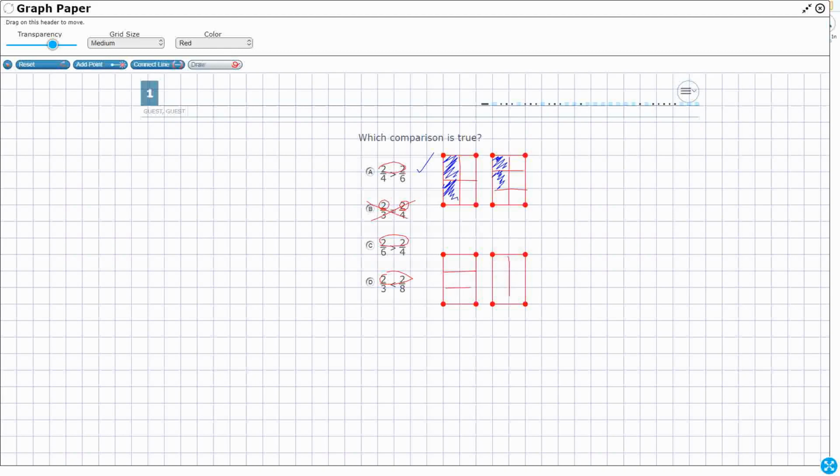Let's see if I can make my eighths. Look how tiny each of those eighths are. So I've got my 2/3. Only cutting that into 3 equal parts means each part is going to be very large. And they say 2/3 is less than 2/8, but actually it's much larger. Right, so our answer here is A.